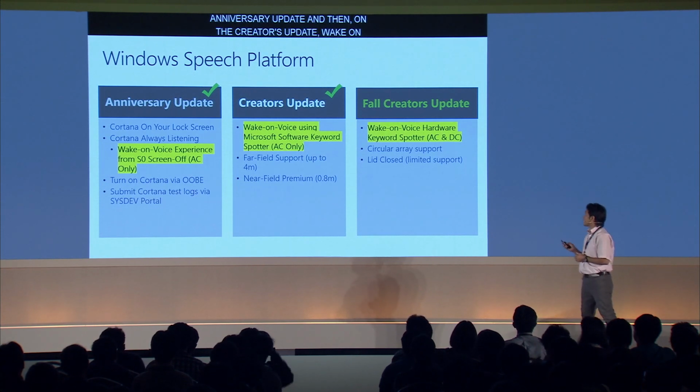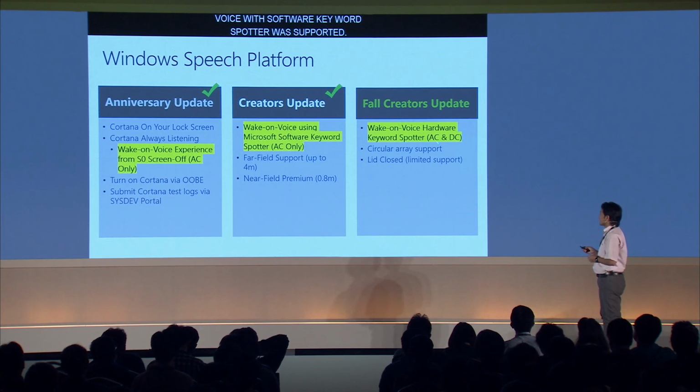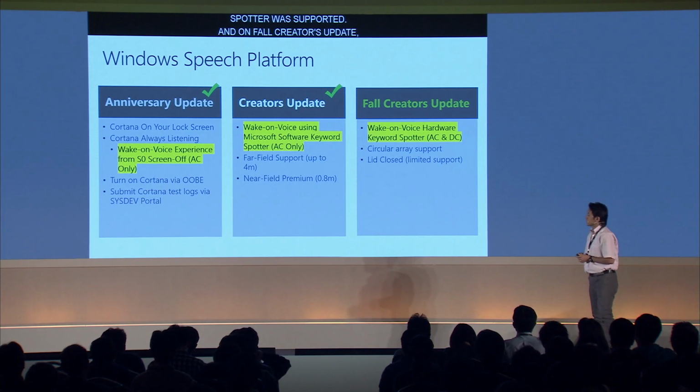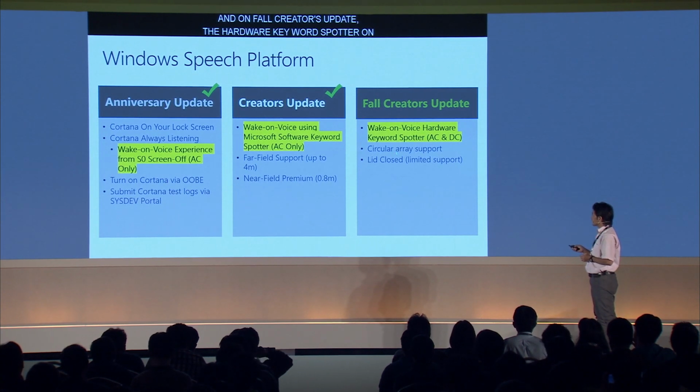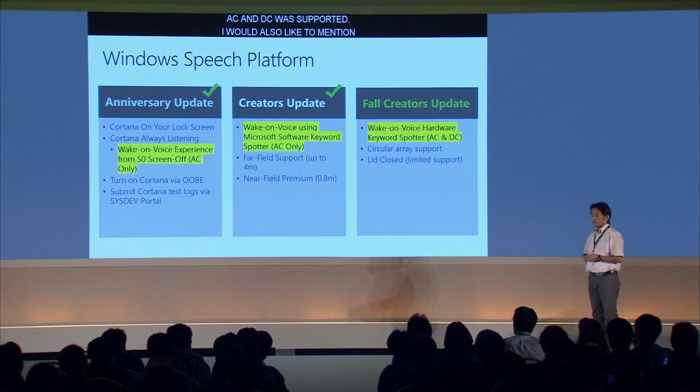And on Fall Creators Update, the Hardware Keyword Spotter on AC and DC was supported. I would also like to mention that circular array support and lid-closed scenarios were also supported from Fall Creators Update.